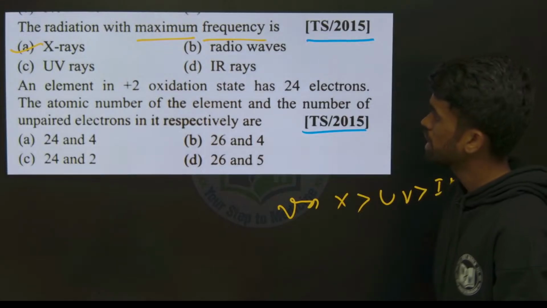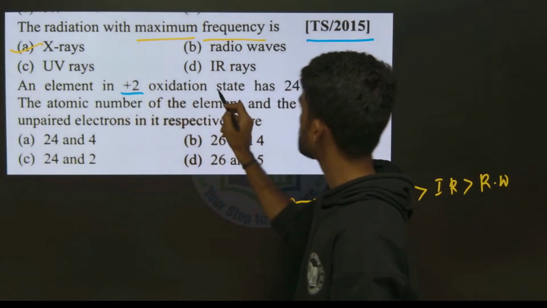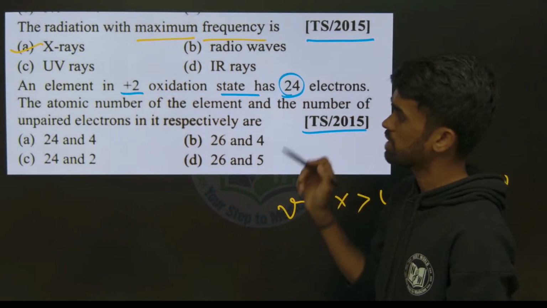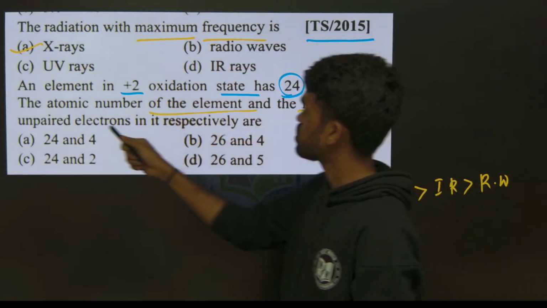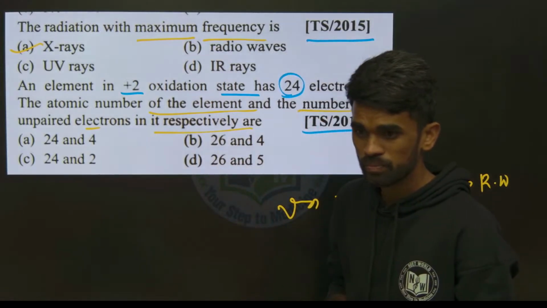Next one: an element in +2 oxidation state has 24 electrons. What is the atomic number of the element and the number of unpaired electrons in it, respectively?